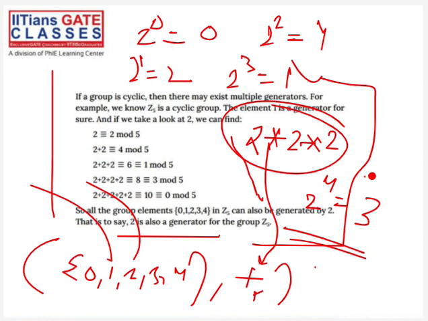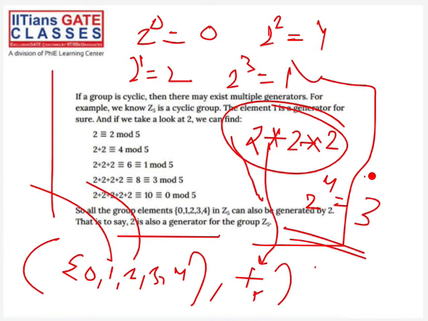So there may be more than one generator. It might also be the case that there is no generator, or that there is exactly one generator. If there is at least one generator, then that group will be known as a cyclic group. If there is no generator, then that group will not be called a cyclic group.